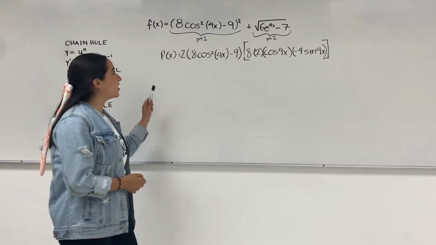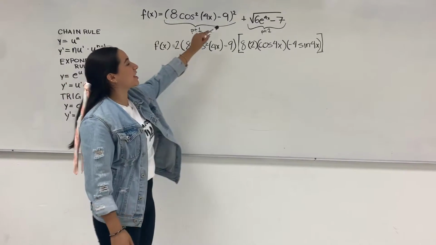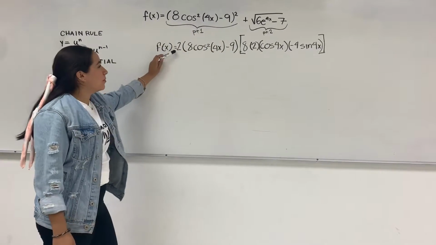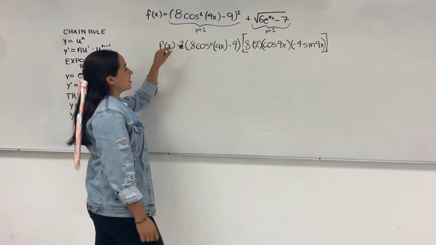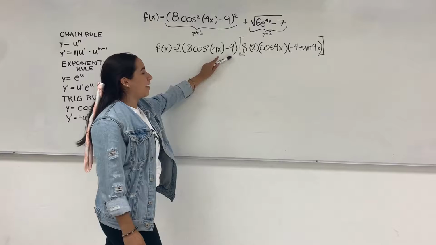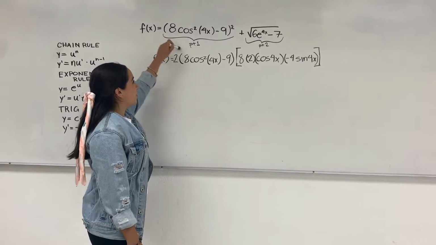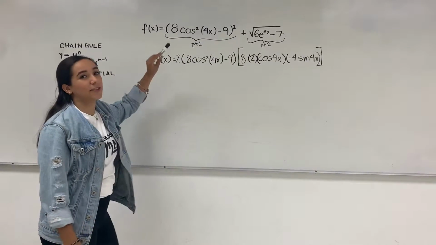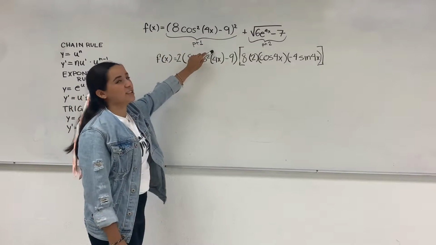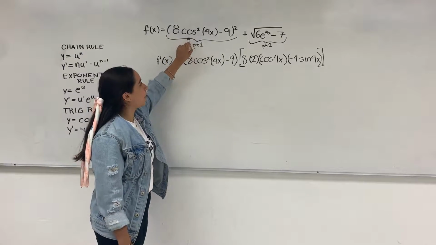To start with the first part, we did the chain rule, which consists of taking the exponent and multiplying, like the copy paste. Then you have to multiply by the derivative of all this, but in this case the derivative of the u consists of another chain rule, since cosine is to the second power.